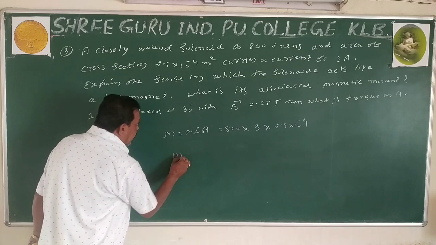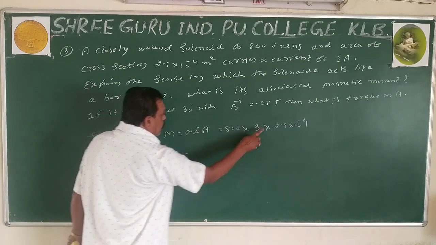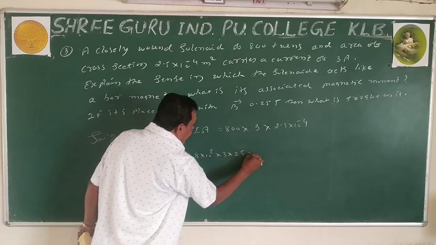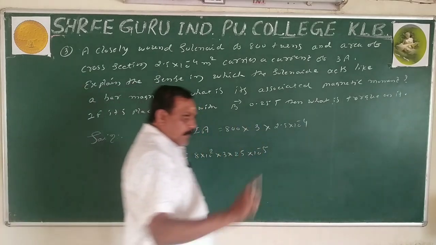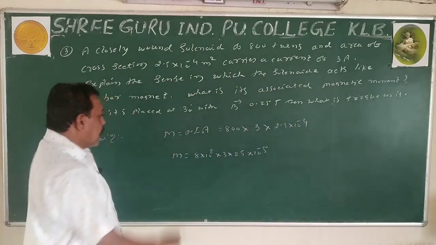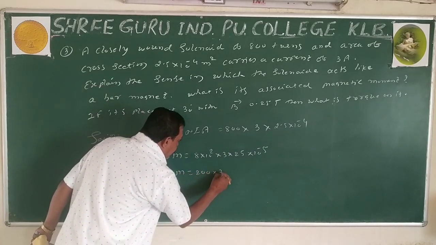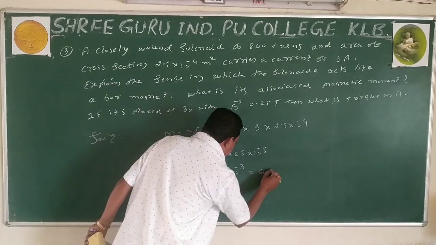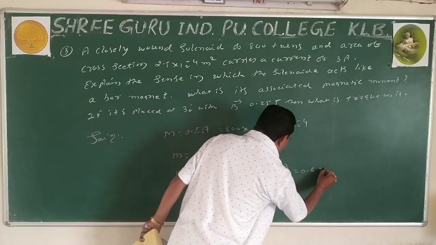Hence, M equals 8 into 10 to the power of 2 into 3 into 25 into 10 to the power of minus 5. 25 2s are 50, 25 4s are 100, 25 8s are 200. So 200 into 3 into 10 to the power of minus 3. It is nothing but 600 into 10 to the power of minus 3, that is 0.6 joule per Tesla.